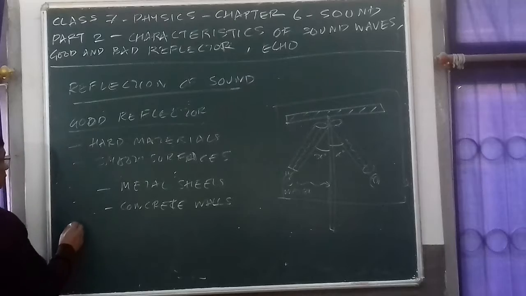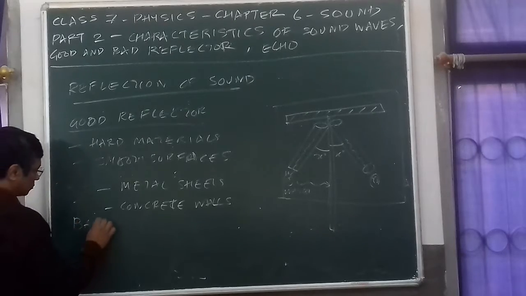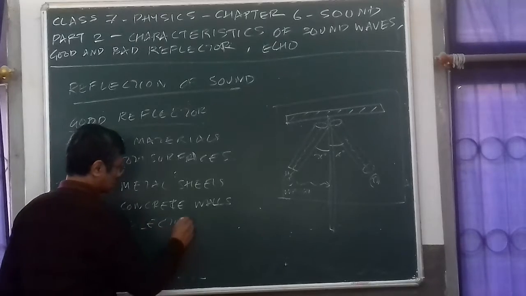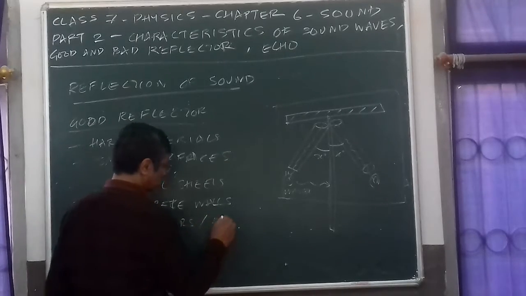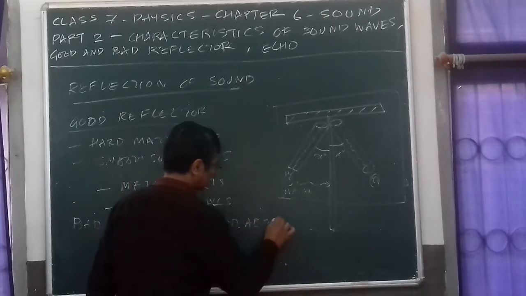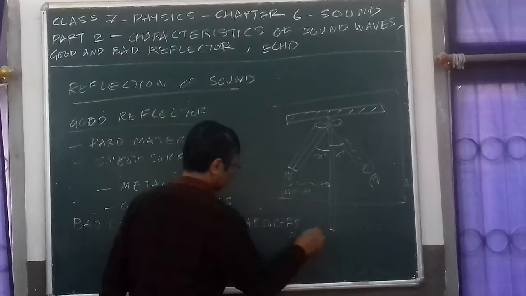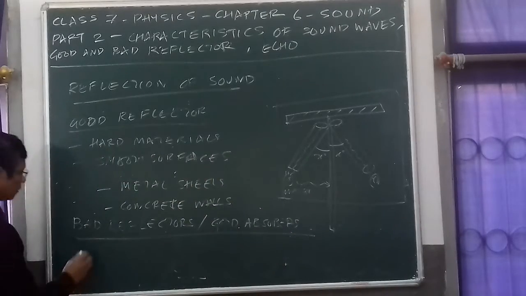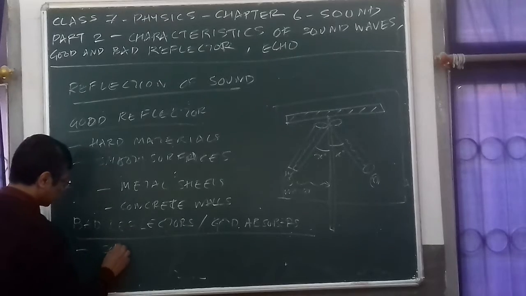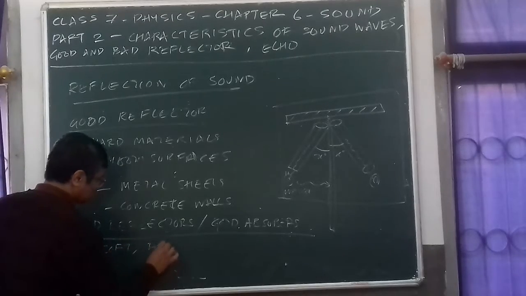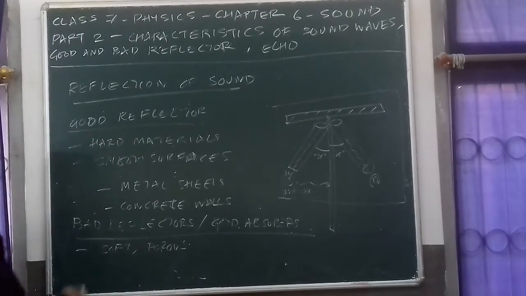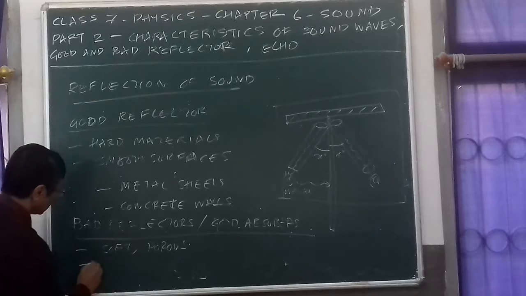On the other hand, we have bad reflectors of sound, and they could also be good absorbers of sound. These bad reflectors and good absorbers need to be soft and porous.